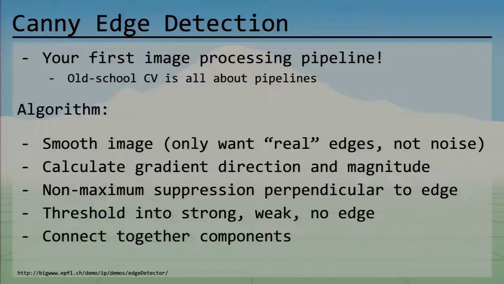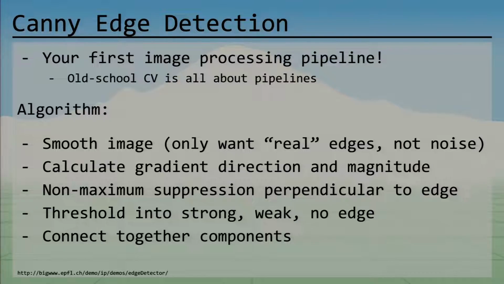We don't want all of the high frequency information in the image. So we can do some thresholding to get rid of some of the noise. Even after we do this smoothing, we still probably have some noise components that made it through that process, and we want to get rid of them.